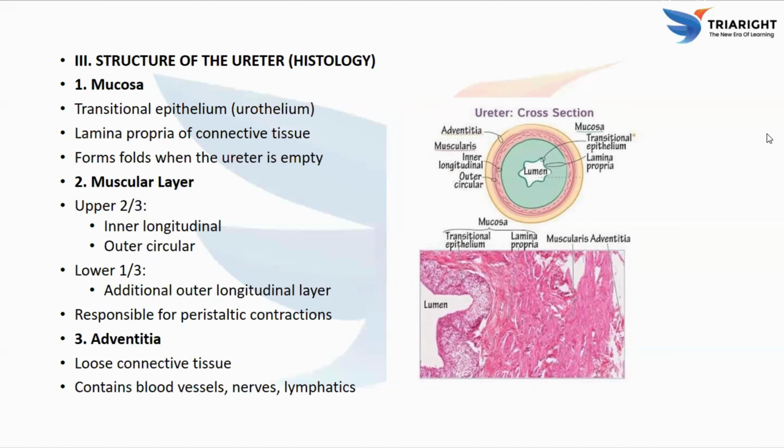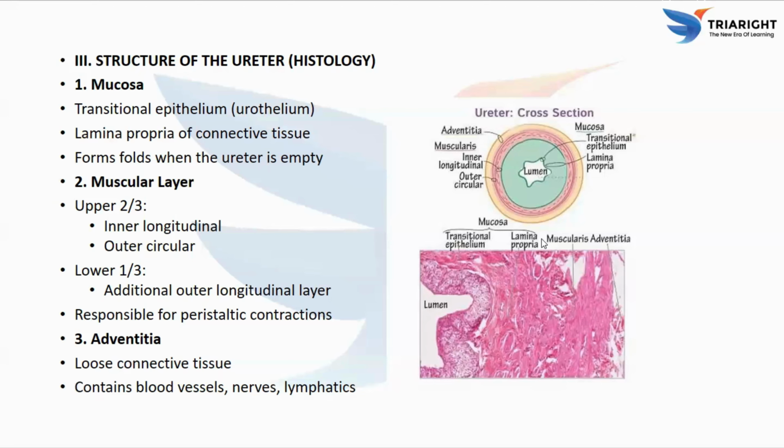Here you can see a cross-section diagram of the ureter. Whenever you see this under the microscope, you can see this picture. Here you can see the lumen, which is the central space where the urine flows, and the mucosa, the inner lining, which is folded. The muscular layer is the middle ring, and it consists of an inner longitudinal and an outer circular layer. The adventitia is the outermost thin layer.